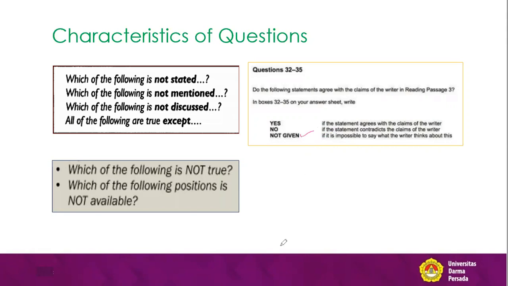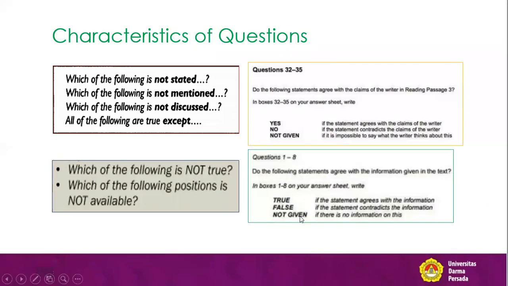Next, you can find another version of IELTS, also this one, not given. This is if there is no information on this. So this is not given. This one is, it is impossible to say what the writer thinks about this. Okay.